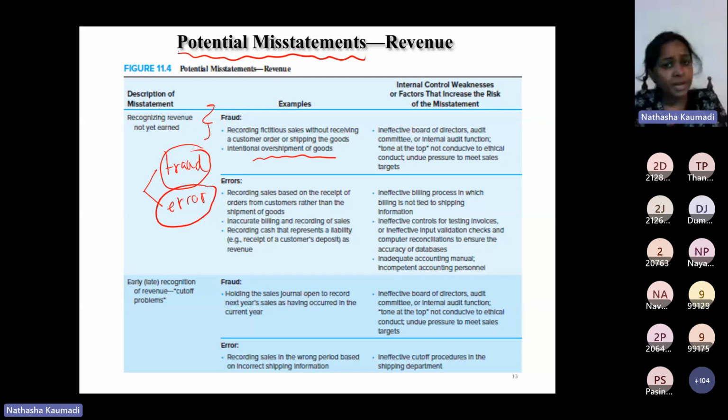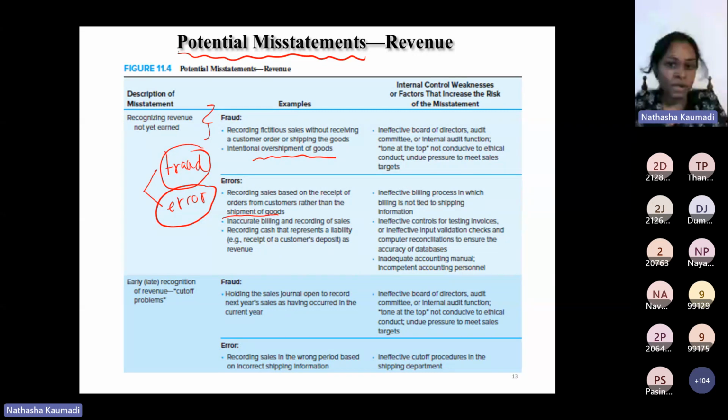If it is an error, it is not a fraud. It is not intentional. Unintentional errors can also cause recognizing revenue not yet earned. What are the examples for errors? Recording sales based on the receipt of orders from customers rather than the shipment of goods. That means you have messed up the revenue recognition point. You have recorded sales unintentionally, erroneously, based on customer orders.